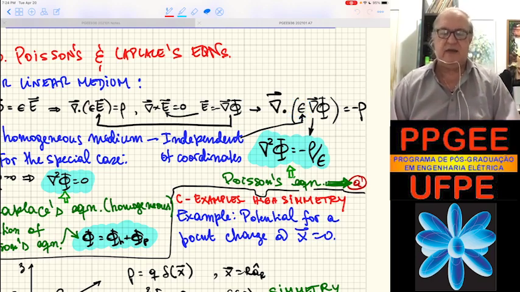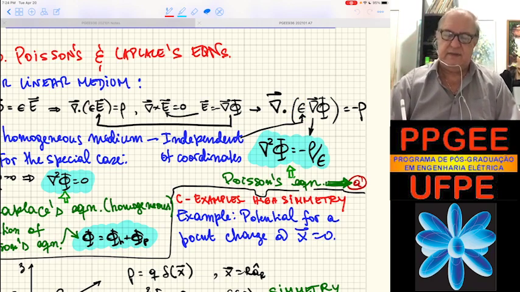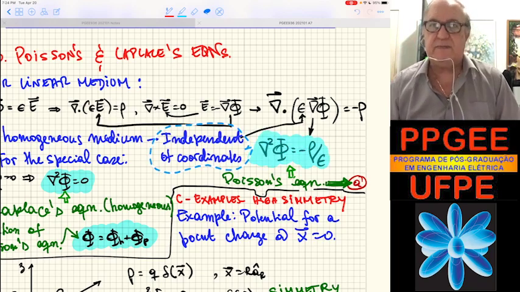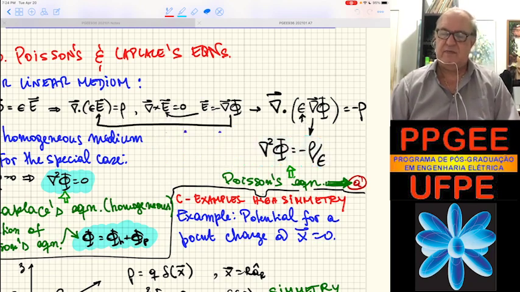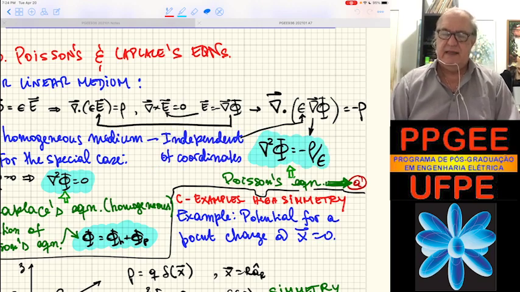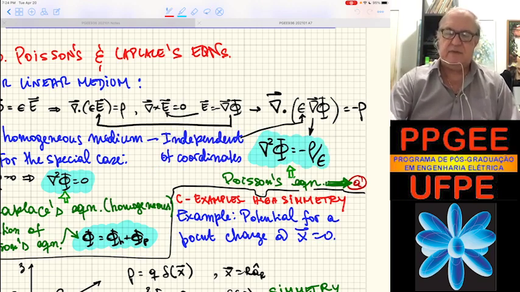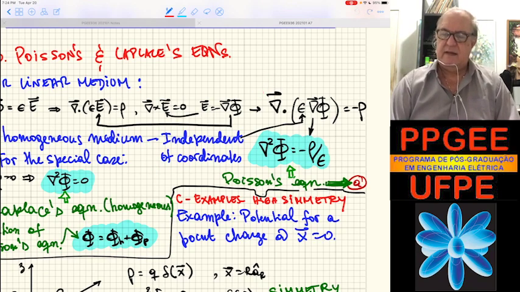So let's say it's also an isotropic medium, otherwise, if it depended on coordinates and direction in space, we'd have a more complicated relationship. Then, if you do that, the epsilon goes out of the derivative here.